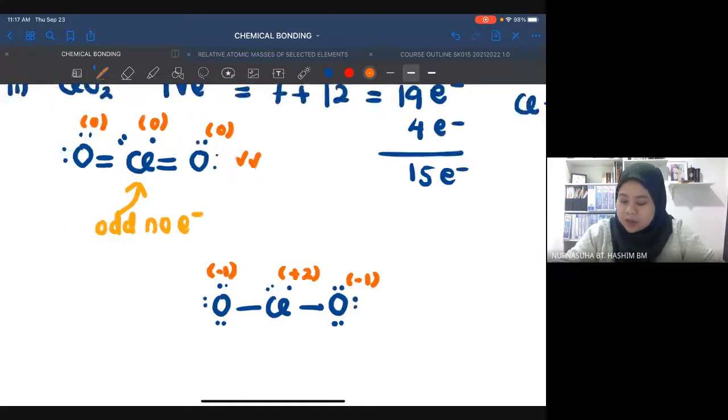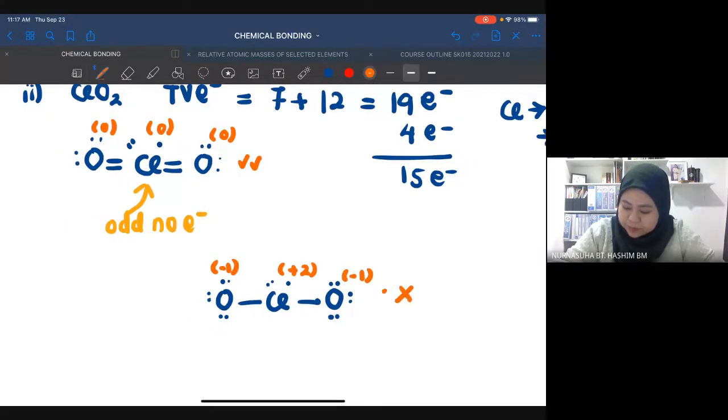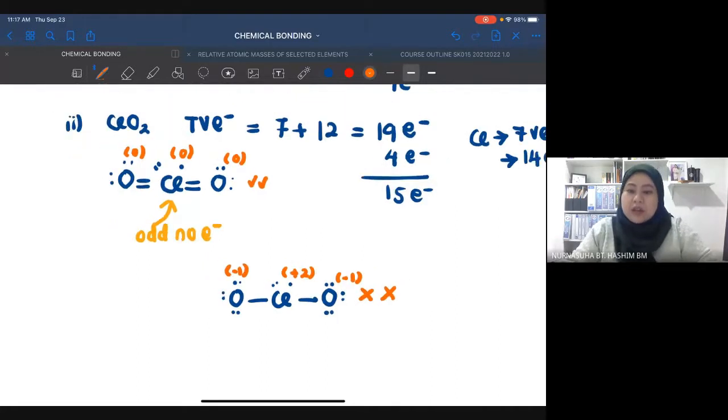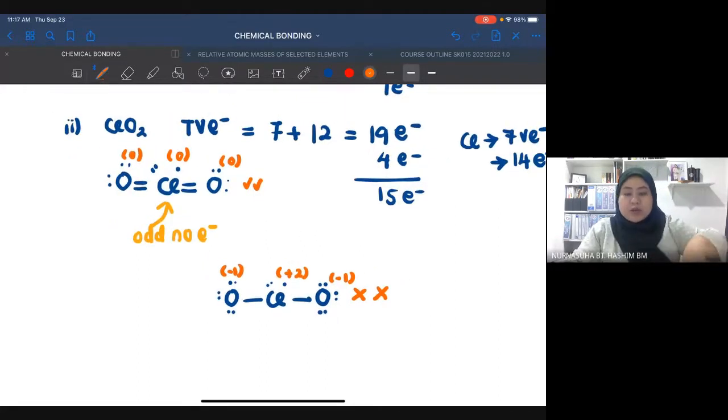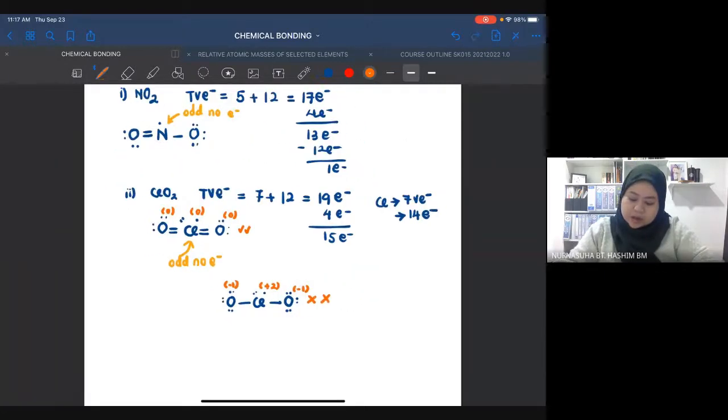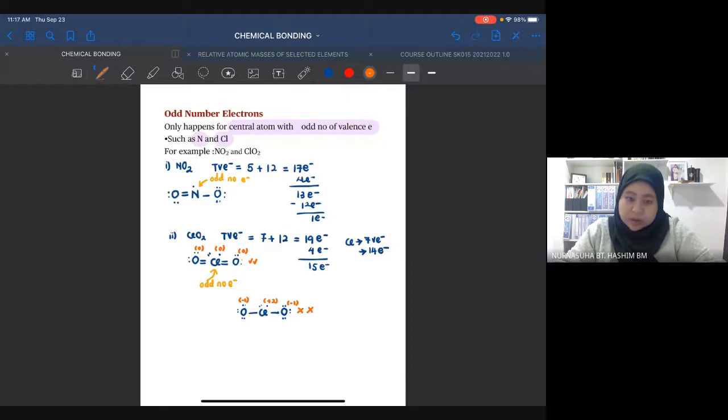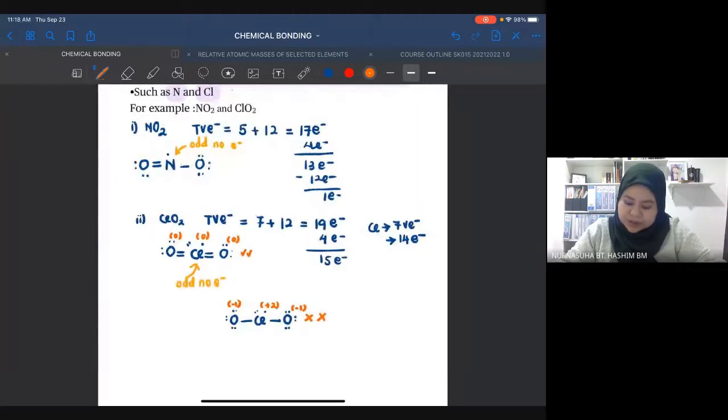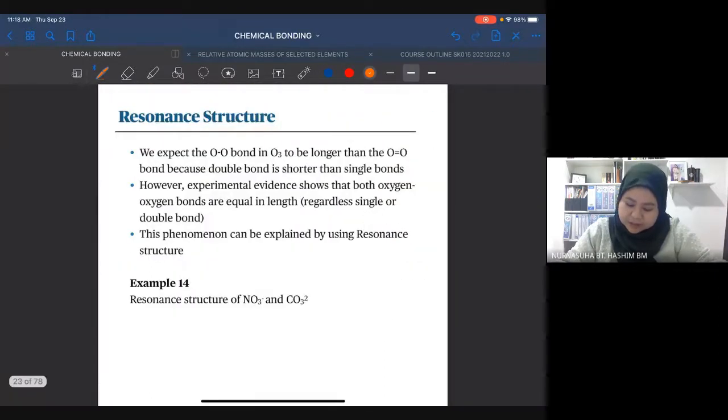Okay, not this one. Okay, so after this, when you draw Lewis structure, double check supaya betul tak, perlu tak double bond. Okay, so that's how we draw the Lewis structure lah, the more stable Lewis structure.